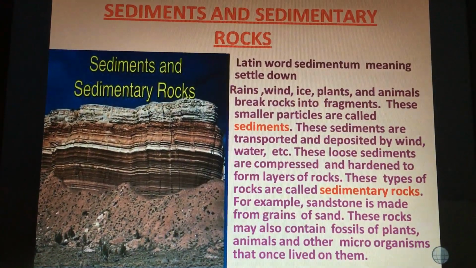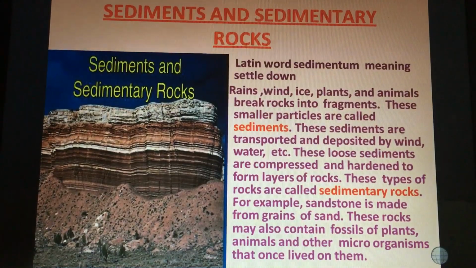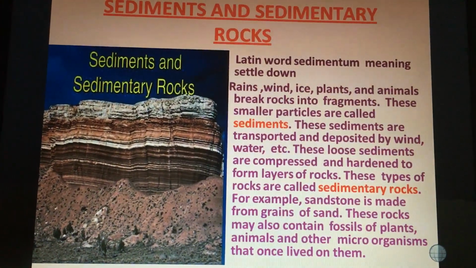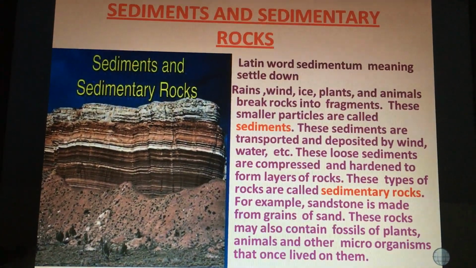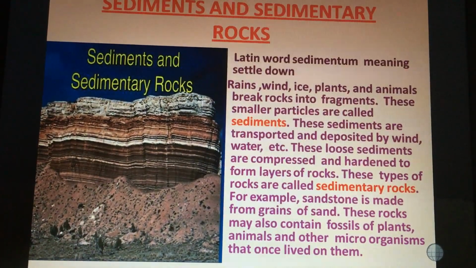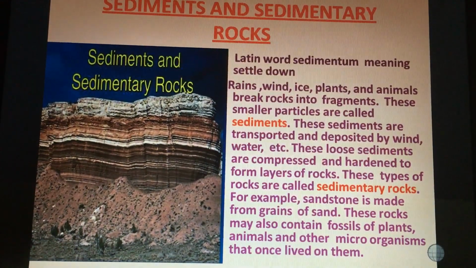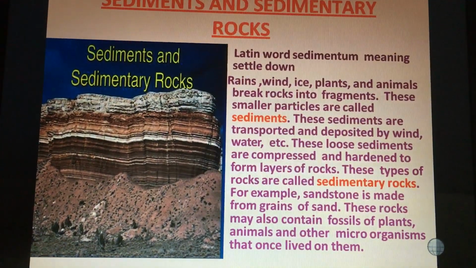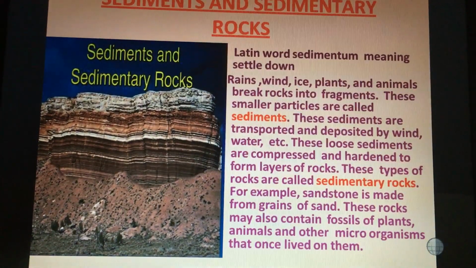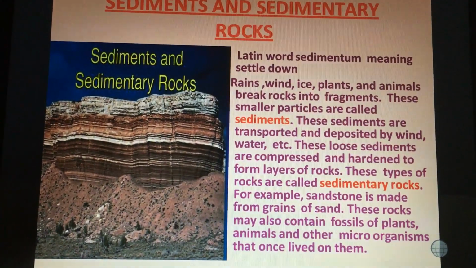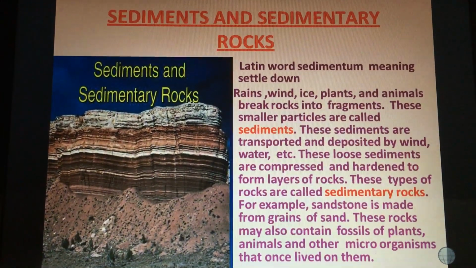These loose sediments are compressed and hardened to form layers of rocks. You can see in the pictures. These types of rocks are called sedimentary rocks. For example, sandstone is made from grains of sand. These rocks may also contain fossils of plants, animals and other microorganisms that once lived on them. So these fossils also help them to create those rocks as well.